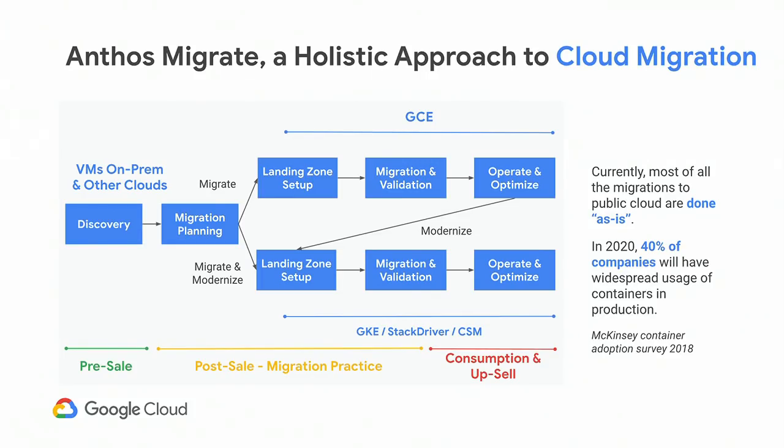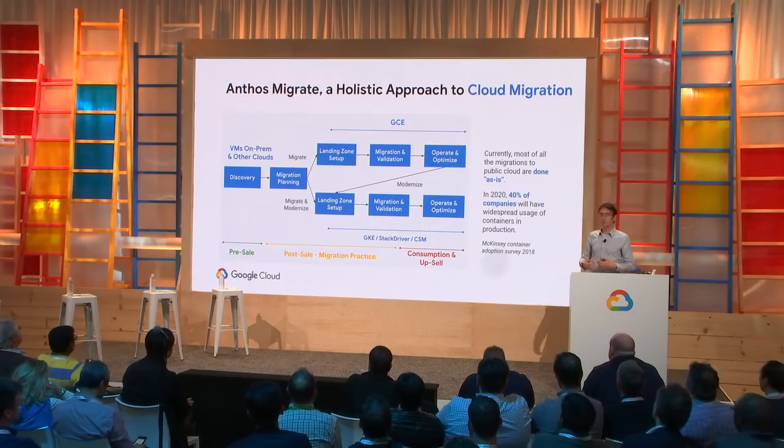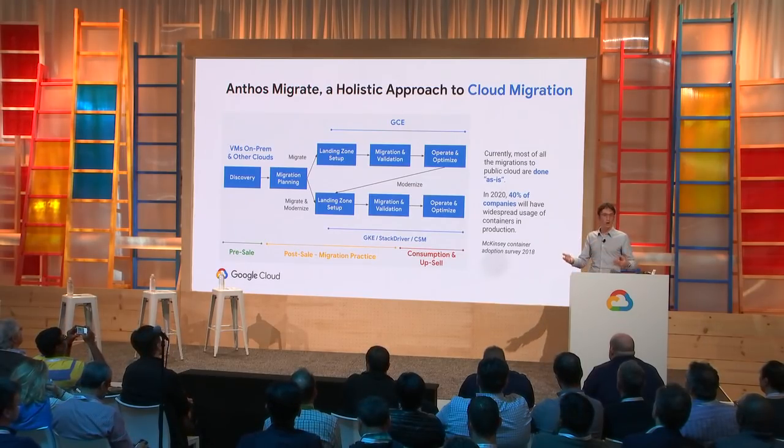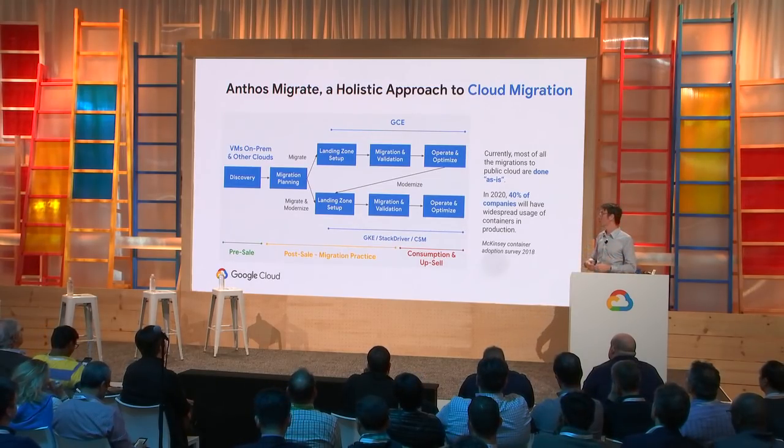This is the journey of a migration, and I'm trying to show you here the life cycle. So we start with a pre-sale environment where, when we have conversations about migration, we talk about discovery. Discovery is to figure out what your environment is, what really is happening in your IT environment: what applications are running, what are the dependencies, where are they located, what is their network, what are the security policies, and so forth.